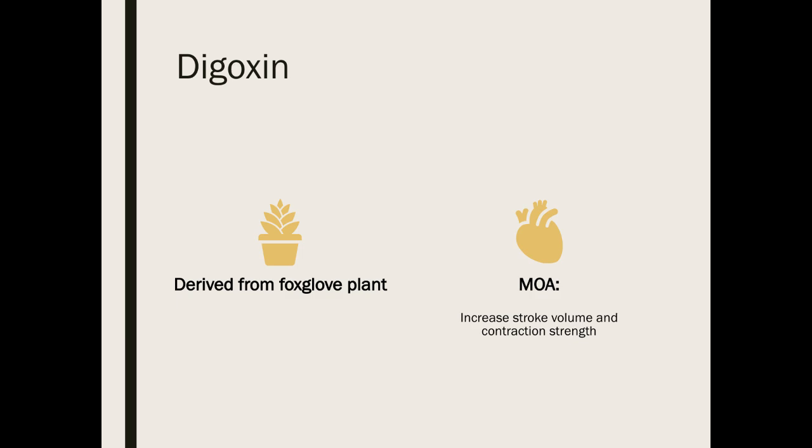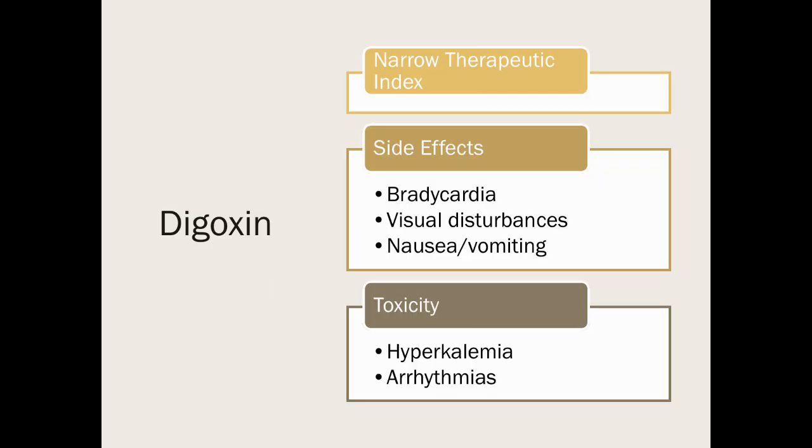Some very common side effects with digoxin: a little bit of bradycardia, sometimes some visual disturbances, kind of a halo effect, visual disturbance that your patient will complain of. Maybe some nausea, vomiting. So these are just side effects, not necessarily signs of toxicity, but things we should be watching for.